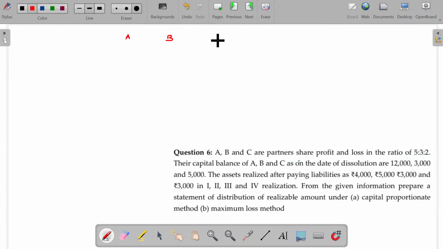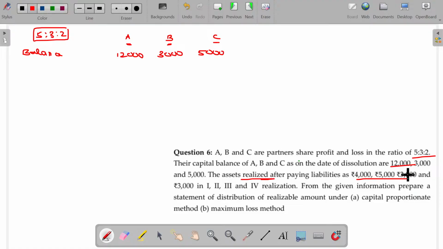A, B, and C. Balance capital payable to the three partners and their P&L ratio being 5:3:2. 12,000, 3,000 and 5,000. The assets realized after paying the liability being 4,000, 5,000, 3,000 and 3,000. In 4 realizations, they got this money.